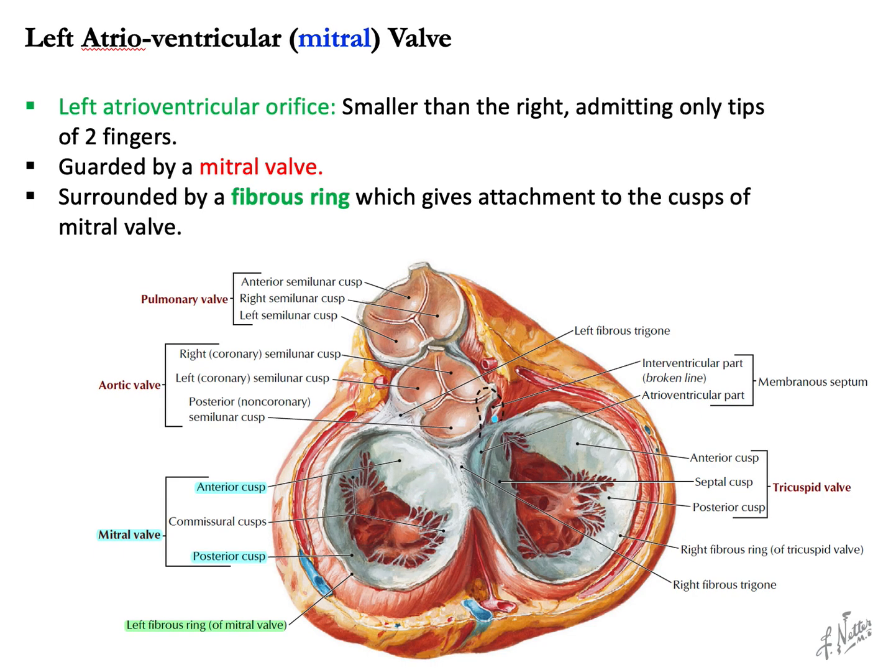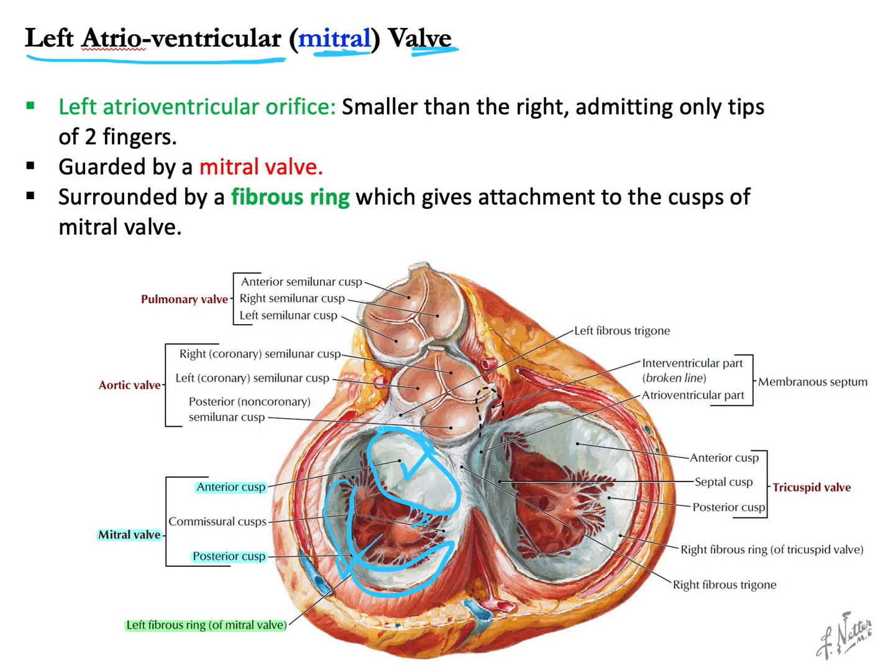So again, the mitral valve or the left atrioventricular valve is located between the left atrium and left ventricle. It's composed of two cusps, one anterior and one posterior. This is the anterior one and this one is the posterior one, connected by chordae tendineae to the papillary muscles in the left ventricle.